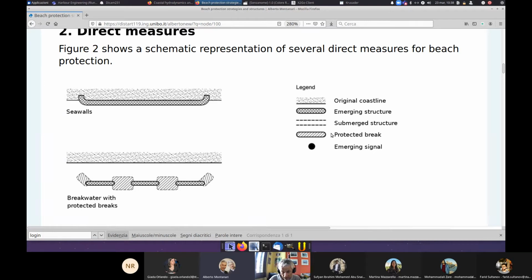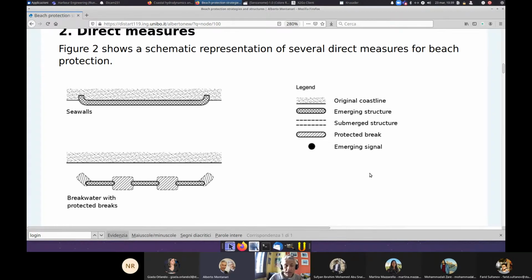What are the protected breaks? They are basically submerged protections, which are located where we create breaks between our interventions. When you place interventions like breakwaters and you allow breaks between them, you have to protect these breaks because there you have the concentration of waves and currents.